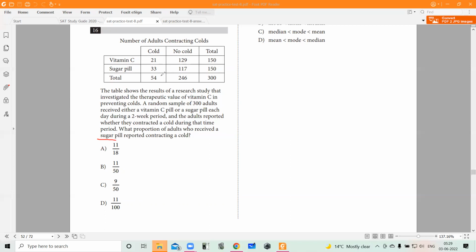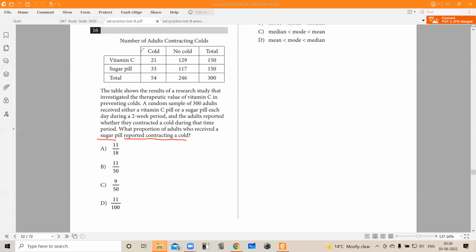What proportion of adults who received a sugar pill? Oh, no, 150. Yeah, because that's the total number of people who were served a sugar pill. But they are reporting that they are having the cold, like those who got the sugar pill and reported having the cold.